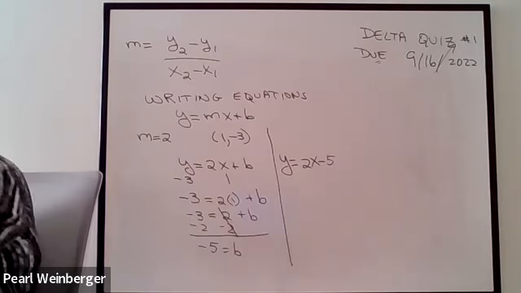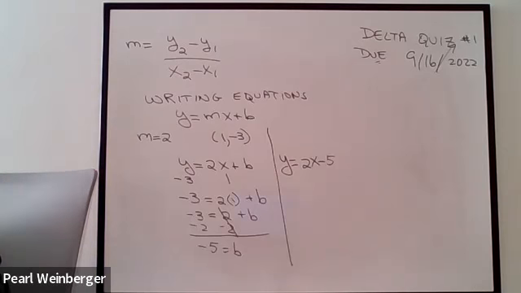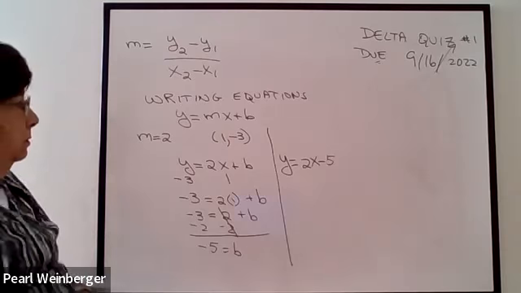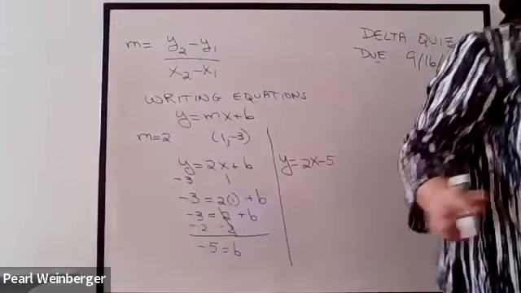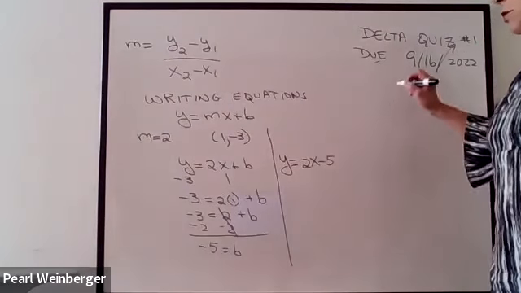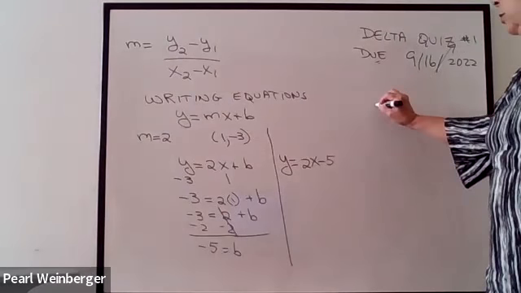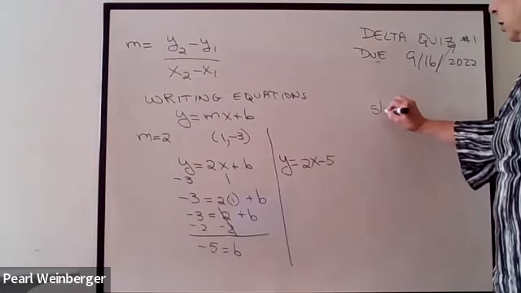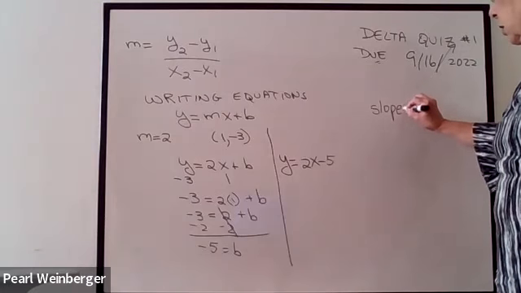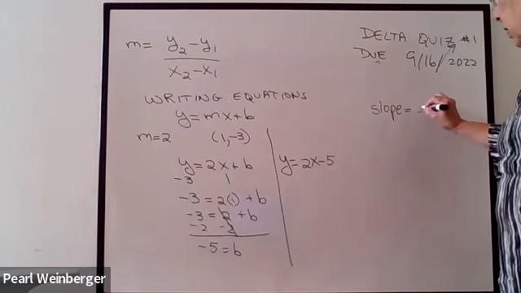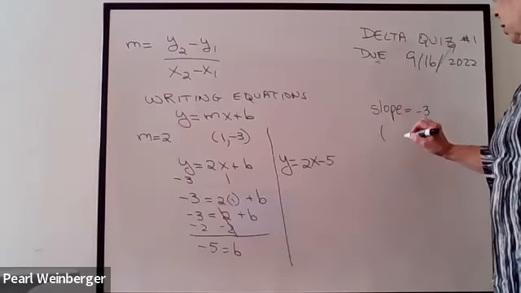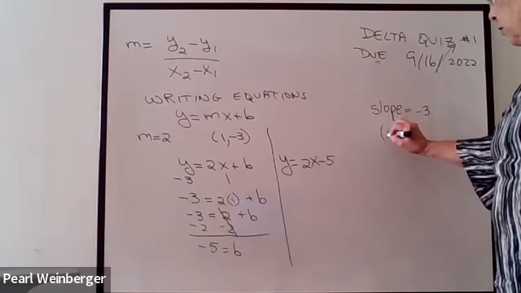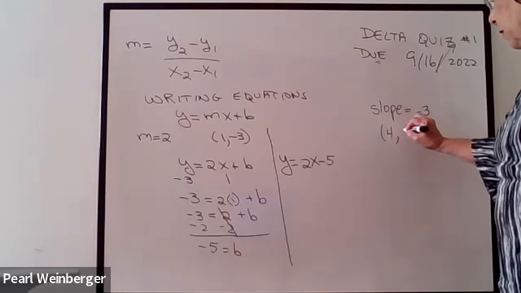Okay, let's try another one like this. Here's our next problem. I'm going to give you one to try. I want you to write the equation of a line whose slope is -3 and goes through the point (4, 5).